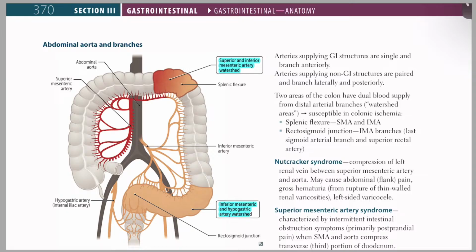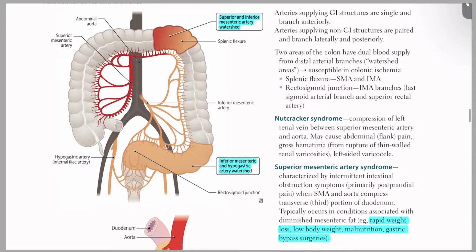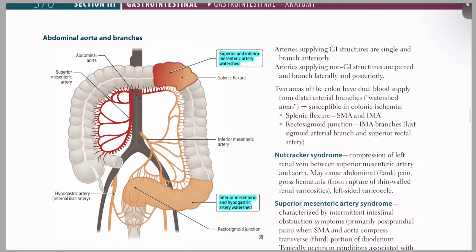Abdominal aorta and branches. Arteries supplying GI structures are single and branch anteriorly. Arteries supplying non-GI structures are paired and branch laterally and posteriorly.